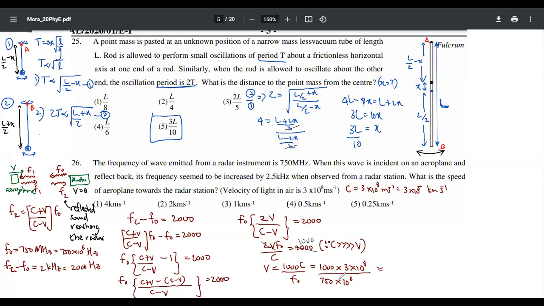What is the mistake I made? It's 2500, people. Sorry, I have not seen your message. It's 2500. The 2.5 kilohertz means this is 2500 hertz.